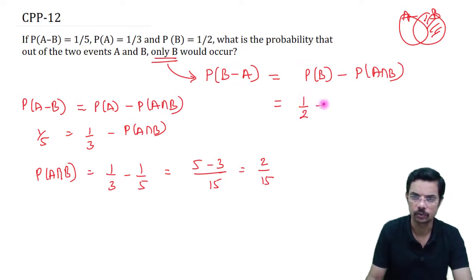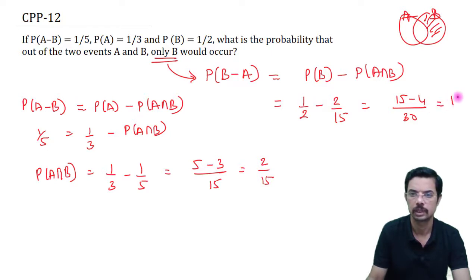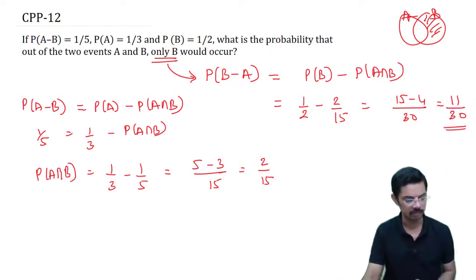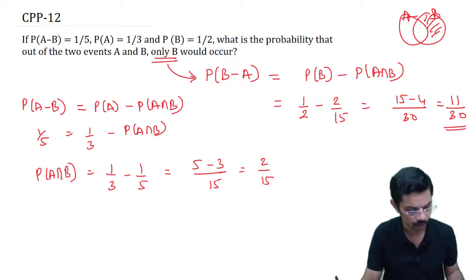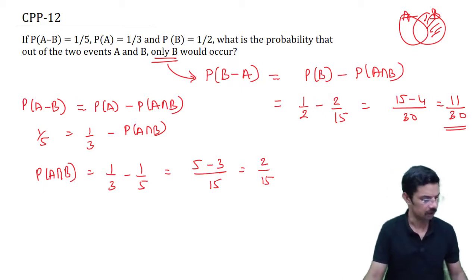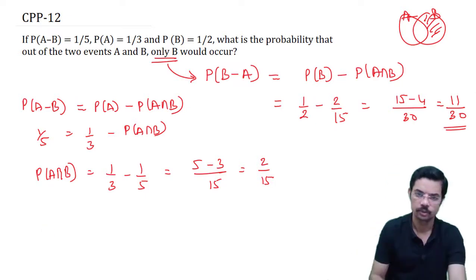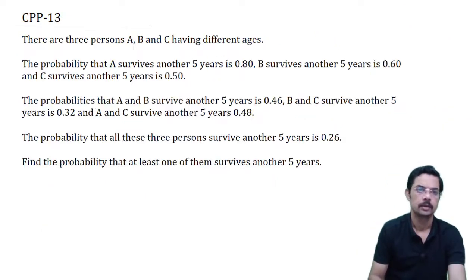It is given as 1 by 2 minus probability of A intersection B. A intersection B is 2 by 15, which will be equal to, we can simplify as this is 30. This is 15 minus 4. So it is 11 by 30. Okay, the value is 11 by 30. Hope you are clear with the topic here. Next, let us move on to the next question.